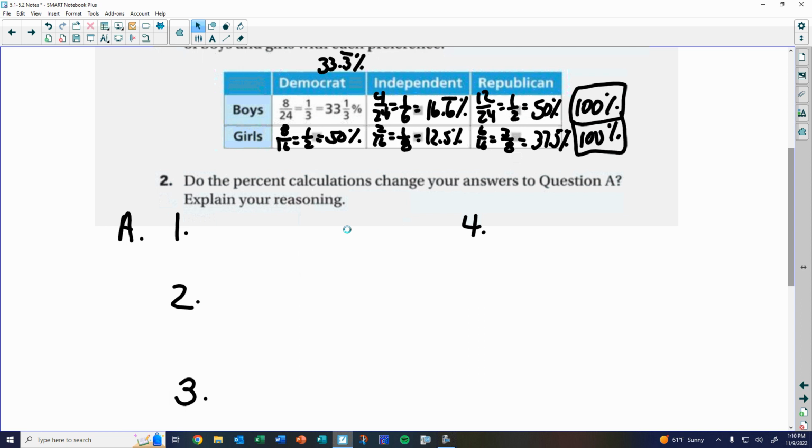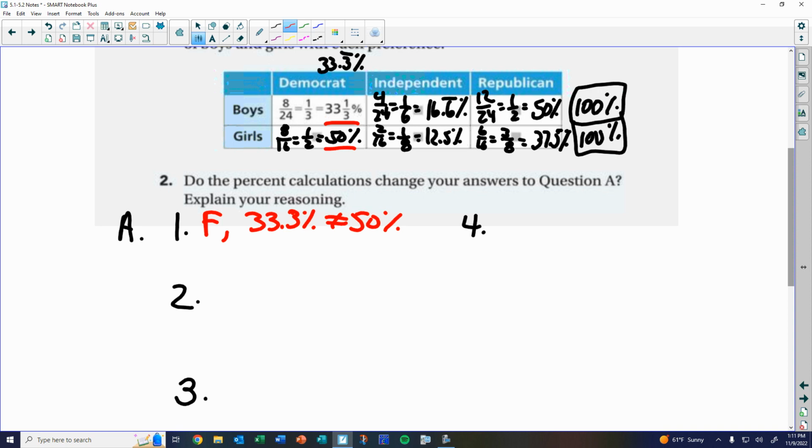So compare them. Are girls and boys equally likely to be Democrats? Look at the percentages. Are those equal? No. 33 and a third is not the same as 50, right? I think we all agree with that. So that's false. Okay. What about the second one?